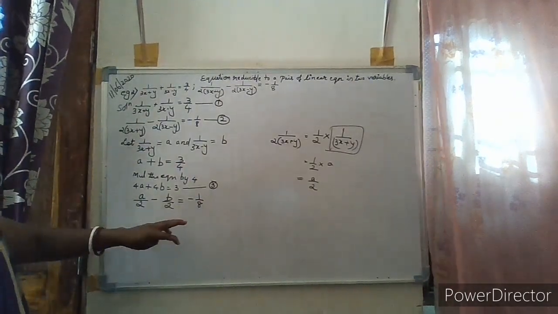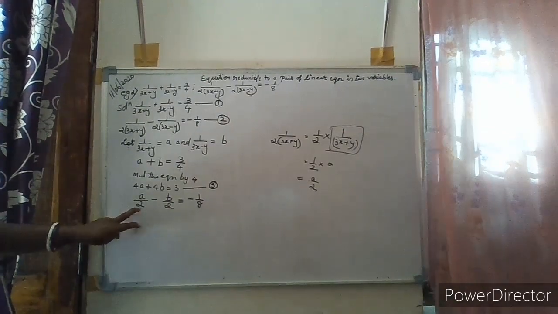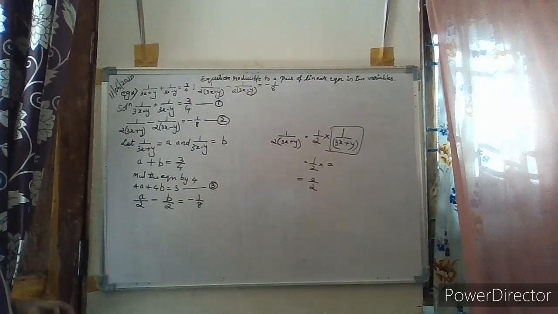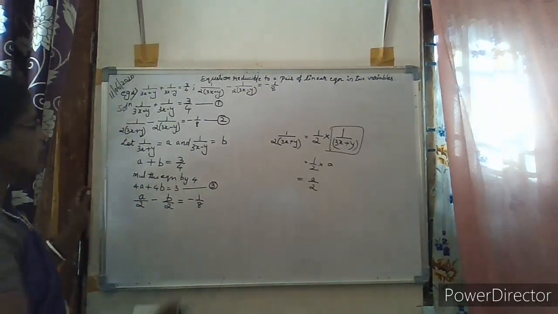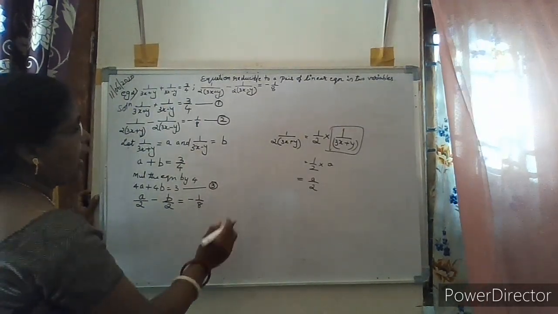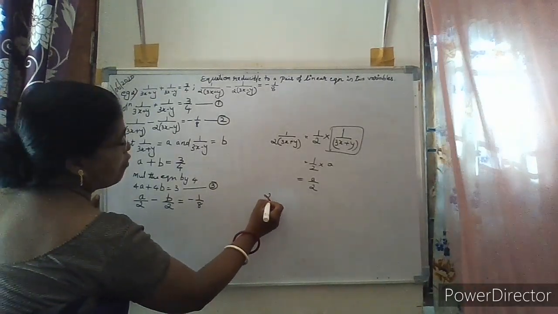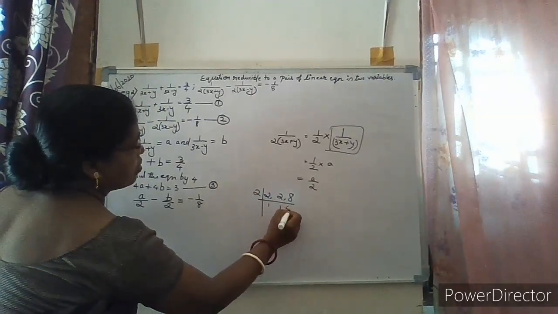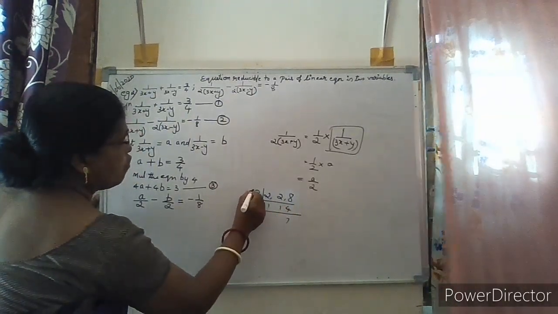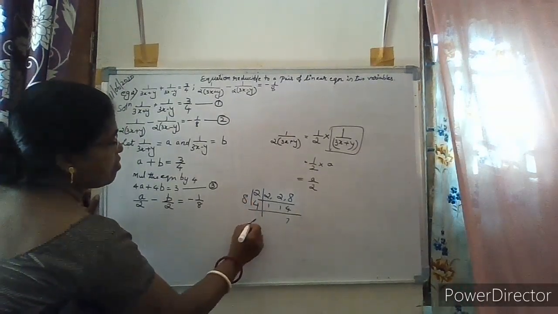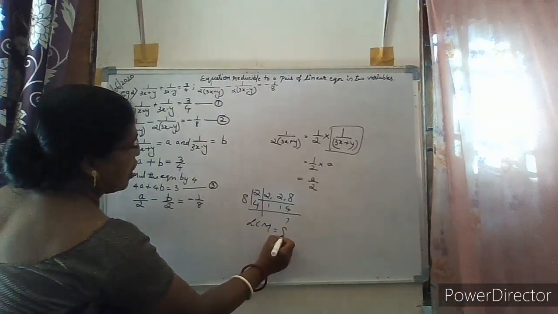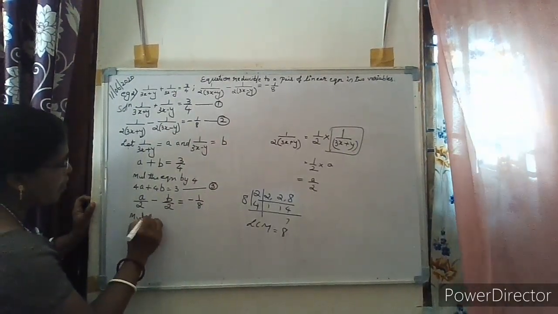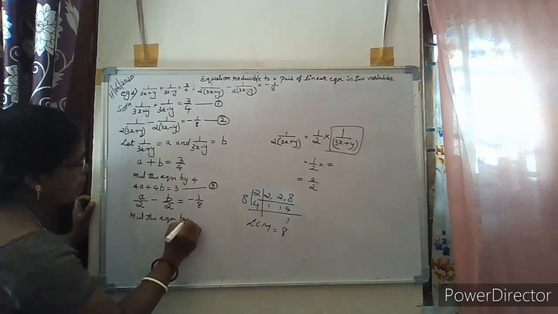Now here we want to get rid of these denominators here. So 2, 2 and this 8. We can multiply this by the LCM of 2, 2 and 8. LCM of 2, 2 and 8: 2 ones are 2, 2 fours are 8, so 4 twos are 8. LCM is equal to 8. So therefore multiply the equation by 8.